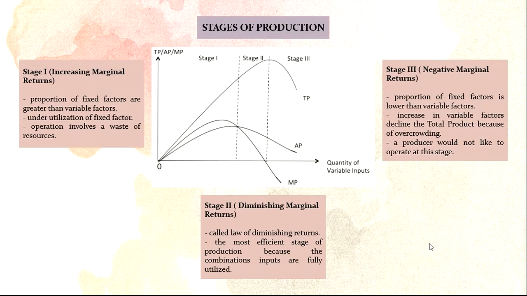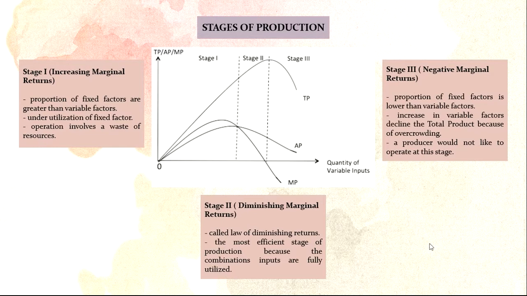So it's a good stage. If you add more workers, the total product won't increase because we have a fixed input, which is the 10 machines. Unless we add more machines, we can't add more workers. But it doesn't happen in the short run because right now we talk about the short run, not the long run.